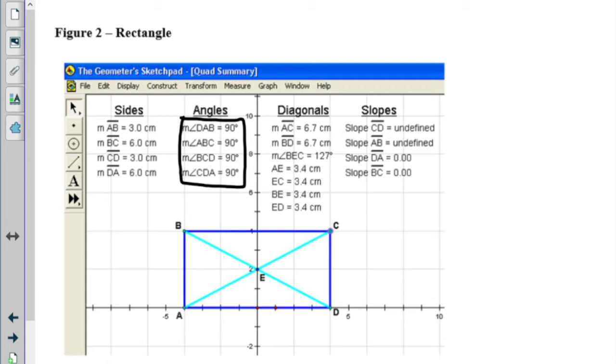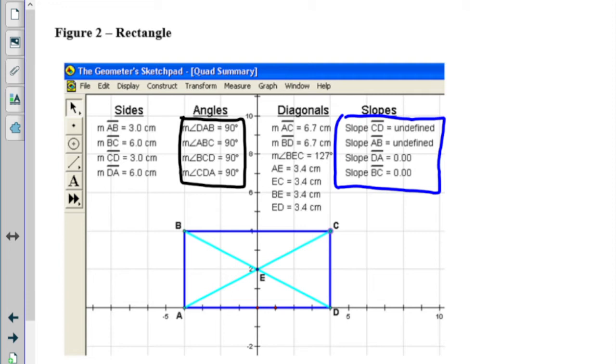And then notice that we have a parallelogram because those opposite sides have the same slope to them. So because they have the same slope, we know those are parallel, so we know that we have a parallelogram.